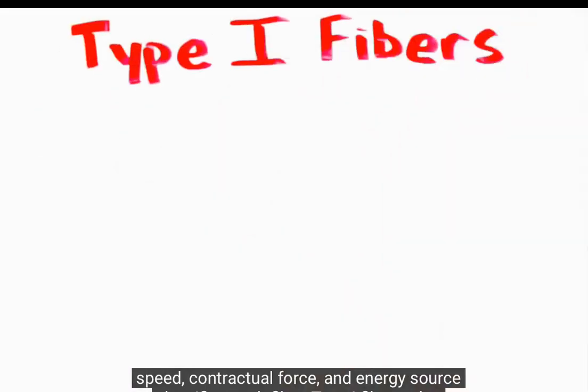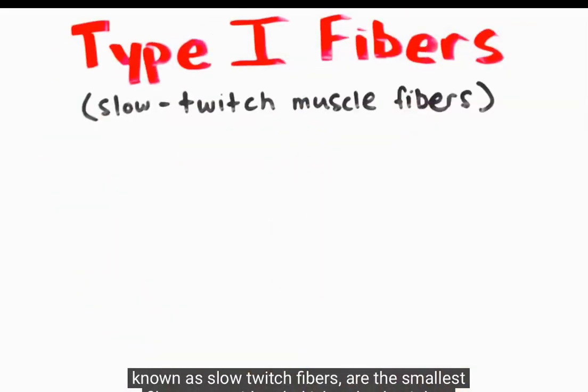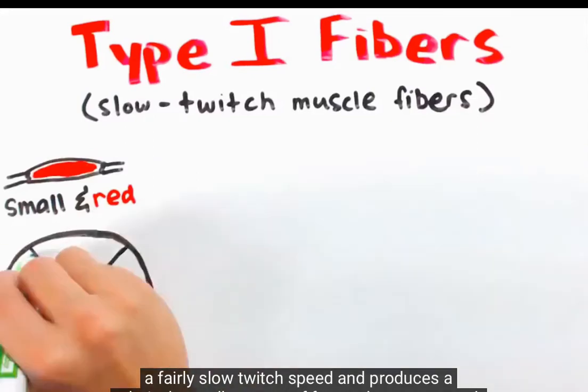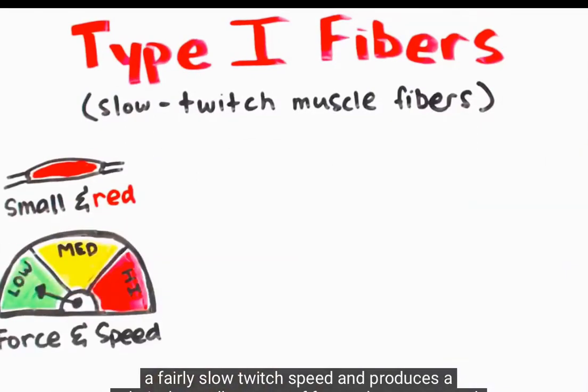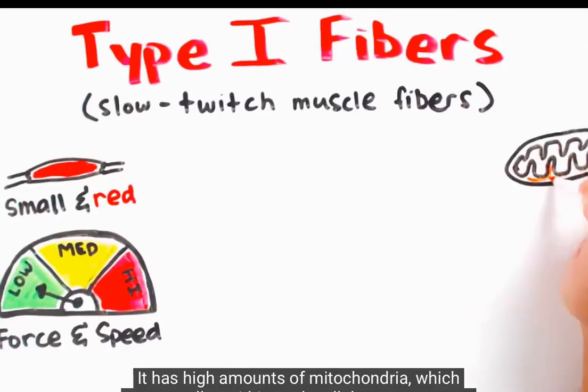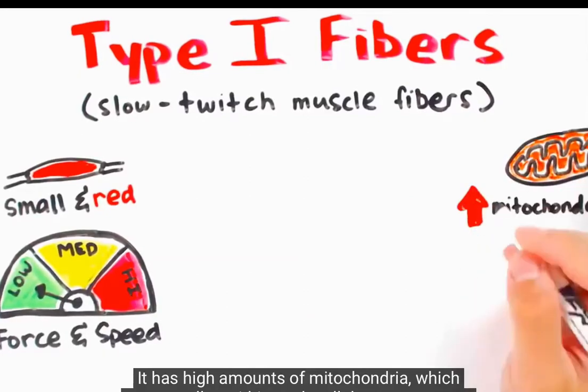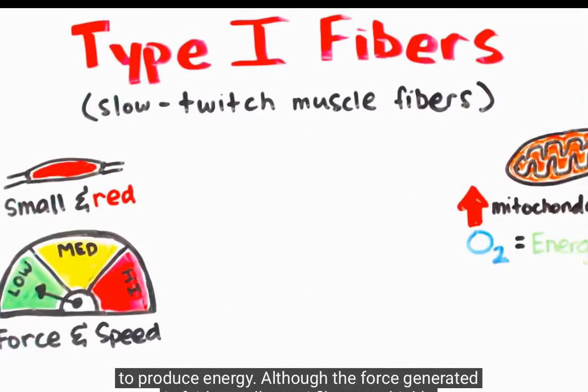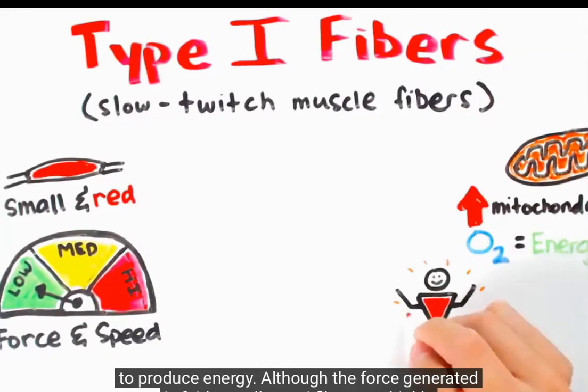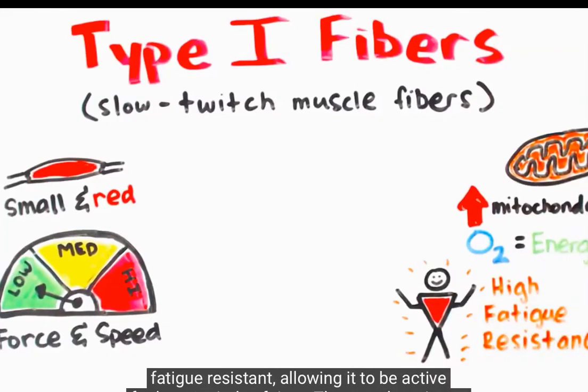Type 1 fibers, also known as slow twitch fibers, are the smallest fiber types with a darkish red color. It has a fairly slow twitch speed and produces a relatively small amount of force when contracted. It has high amounts of mitochondria, which are organelles within each cell that uses oxygen to produce energy. Although the force generated is fairly small, type 1 fibers are highly fatigue resistant, allowing it to be active for long periods of time.